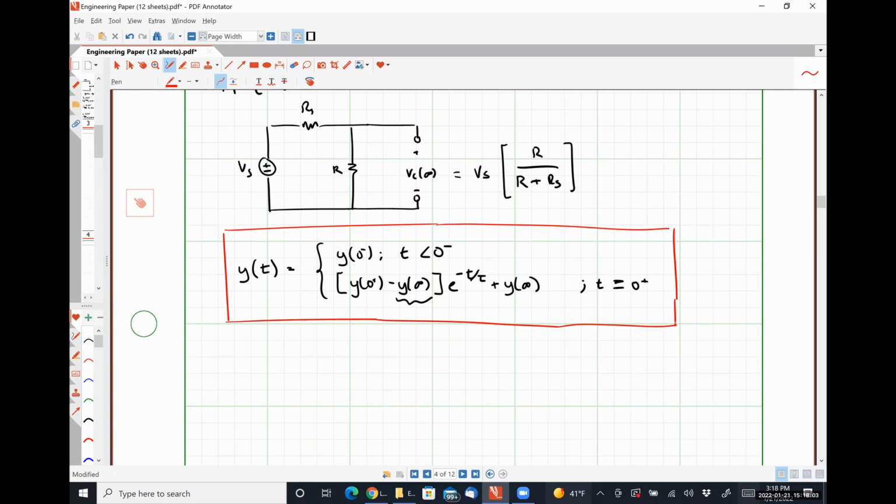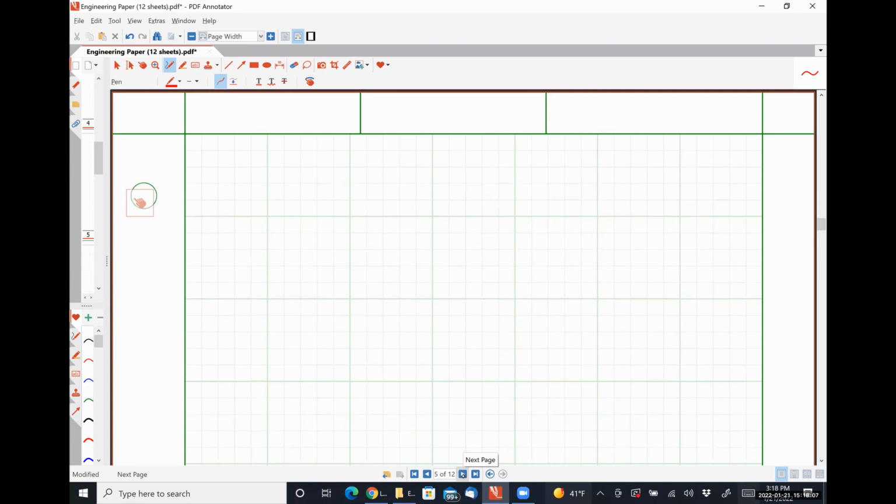So let's put this into practice. Do you want an RL circuit or an RC circuit? RL, okay.